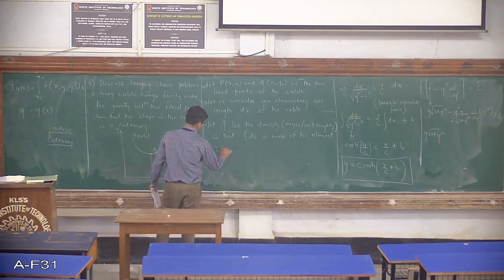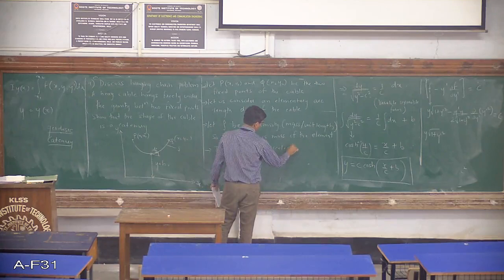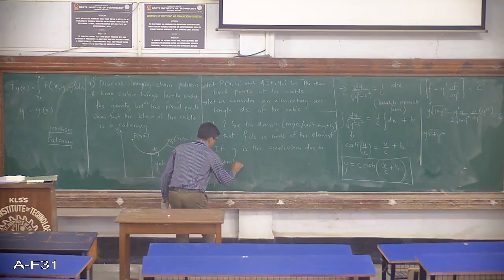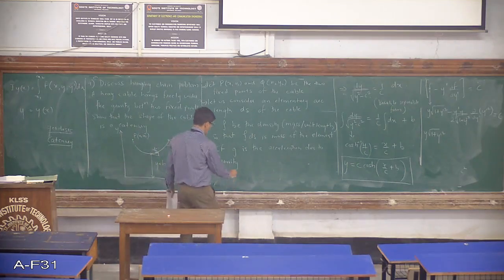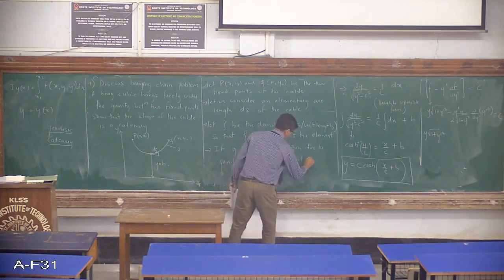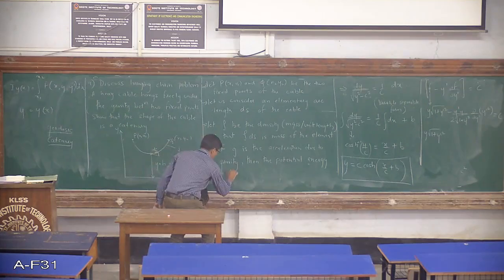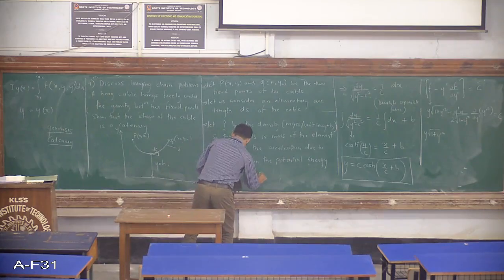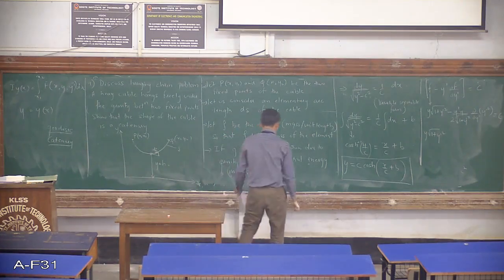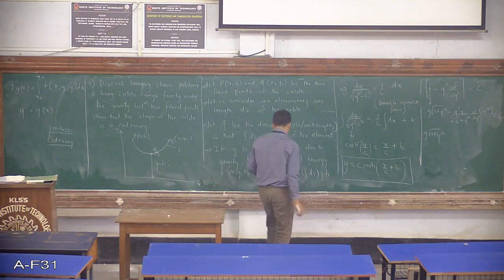Now if g is the acceleration due to gravity, then the potential energy mgh is given by, that is mass g into h.